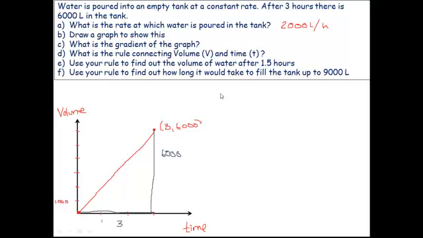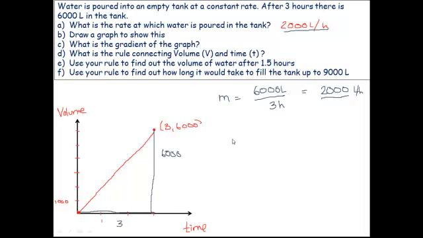So my gradient is going to be 6,000 divided by 3. 6,000 liters divided by 3 hours. So that gives me a gradient of 2,000, and that's in liters per hour. So you can see that the gradient is the same as the rate that it was filling up. Okay, so the gradient tells us that every hour, 2,000 more liters are going in this tank.